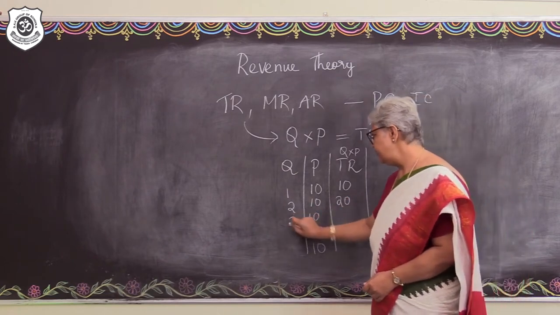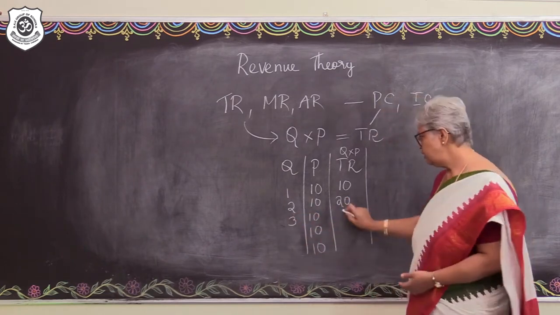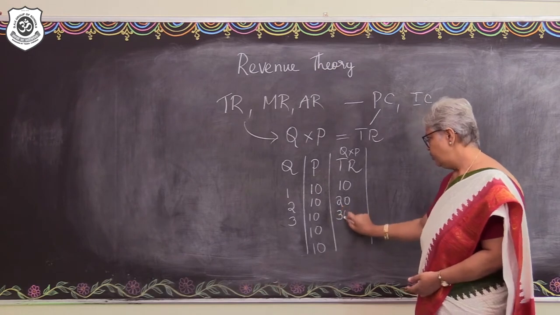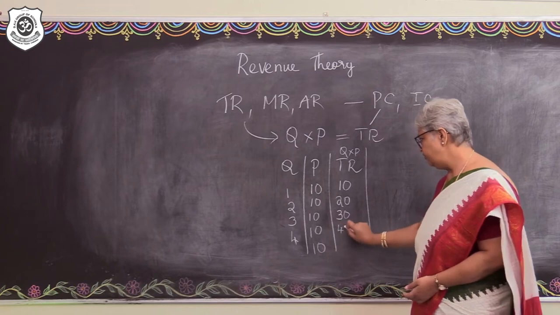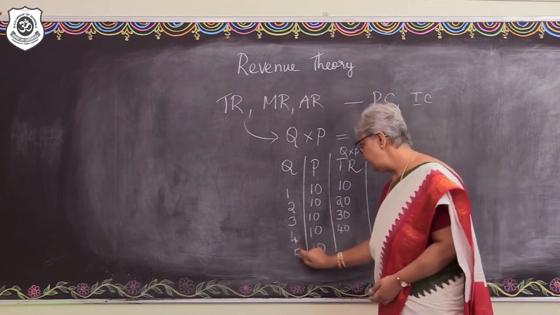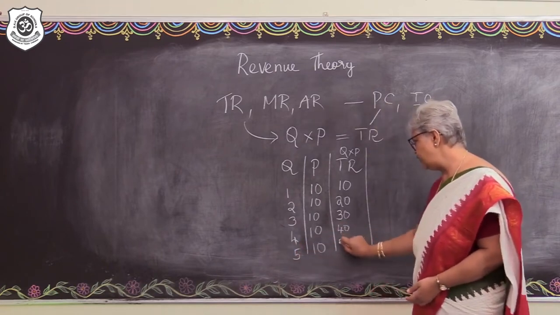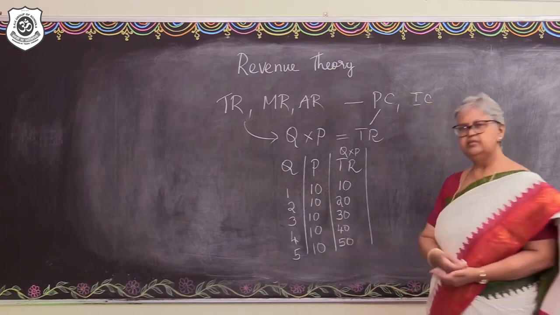And then let's say 3 units are sold, the total revenue would be 30. 4 units, the total revenue will be 40, and let us say 5 units, in that case the total revenue will be 50.